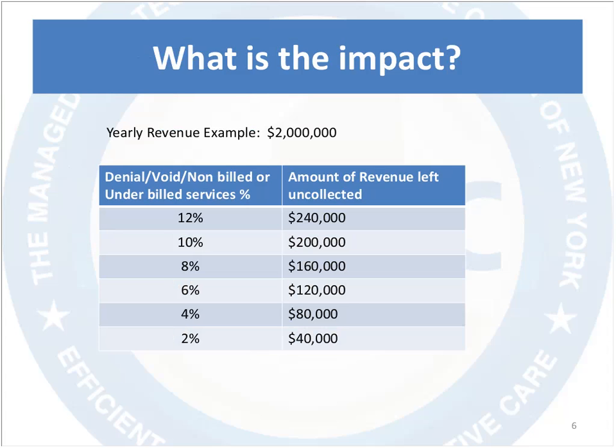So in yearly revenue, if you're a smaller clinic and you're billing out about $2 million in revenue, a 10% denial, void, or non-bill rate, 10% of your services, could lead to you leaving close to a couple hundred thousand dollars in revenue on the table.